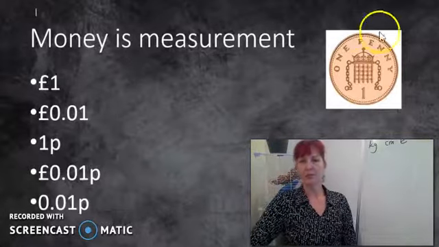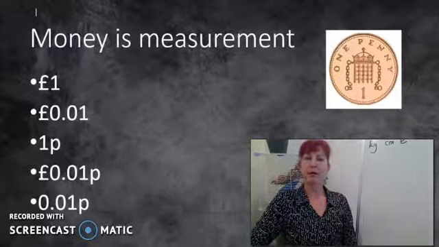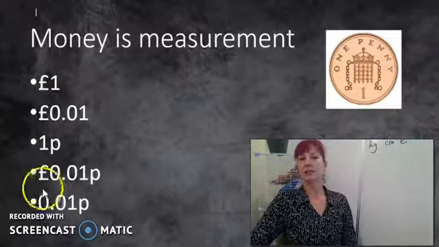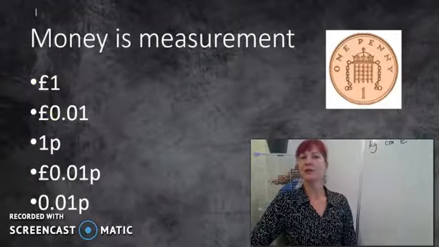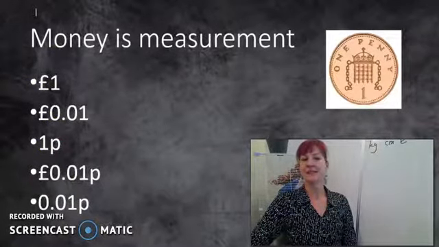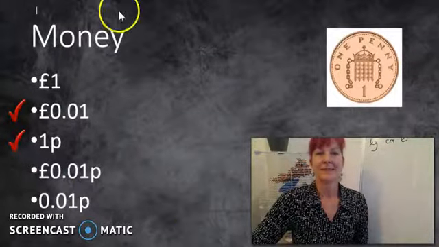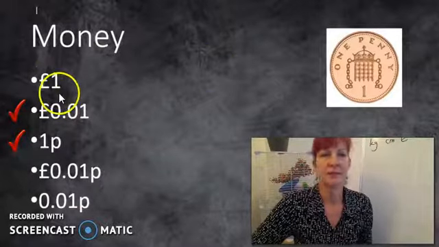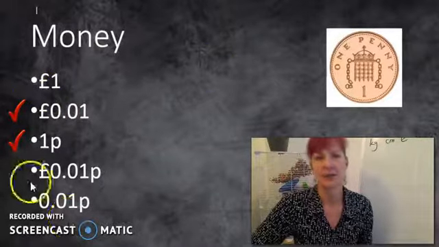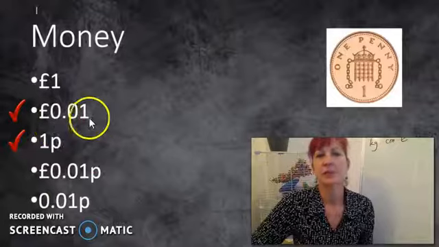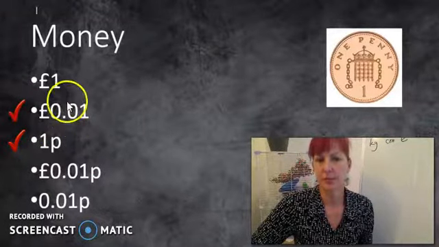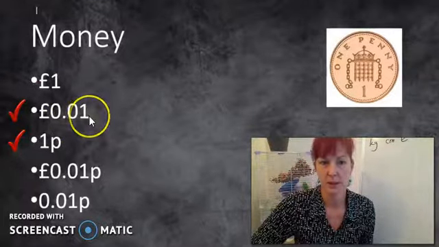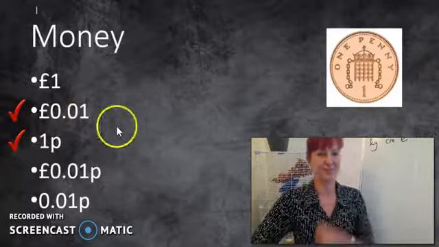So above me, I have a 1p coin. What I'd like you to do is have a little look at my bullet points and decide which one is correct. Okay, right, looking at the video, I've got £1. I think we all know that that's not a pound. This one, next one down, I've got my pound symbol, 0 whole pounds, yep, and then I've got no tens, and that one is brilliant, that's why it's got a tick.